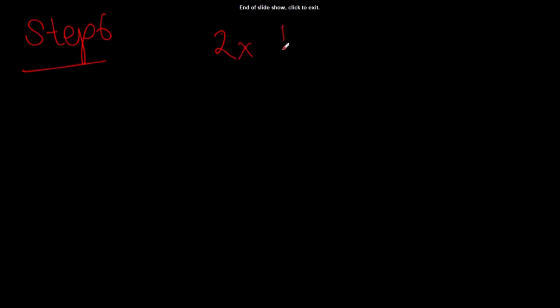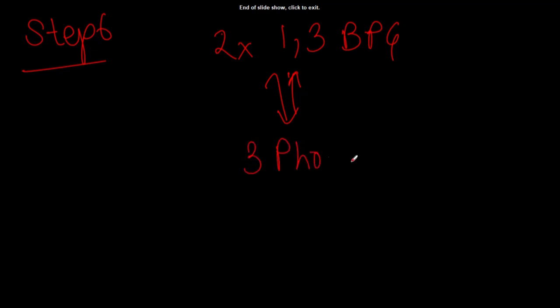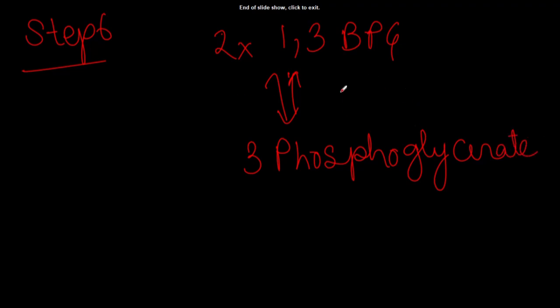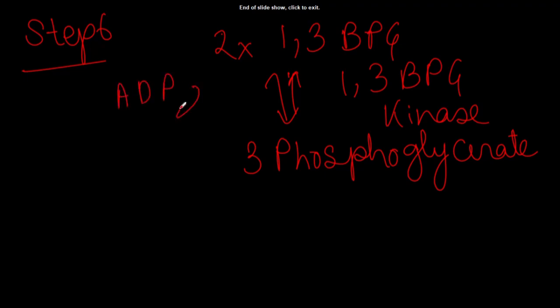Two molecules of 1,3 bisphosphoglycerate get converted to 3 phosphoglycerate by the action of 1,3 bisphosphoglycerate kinase, and ADP gets converted to ATP.